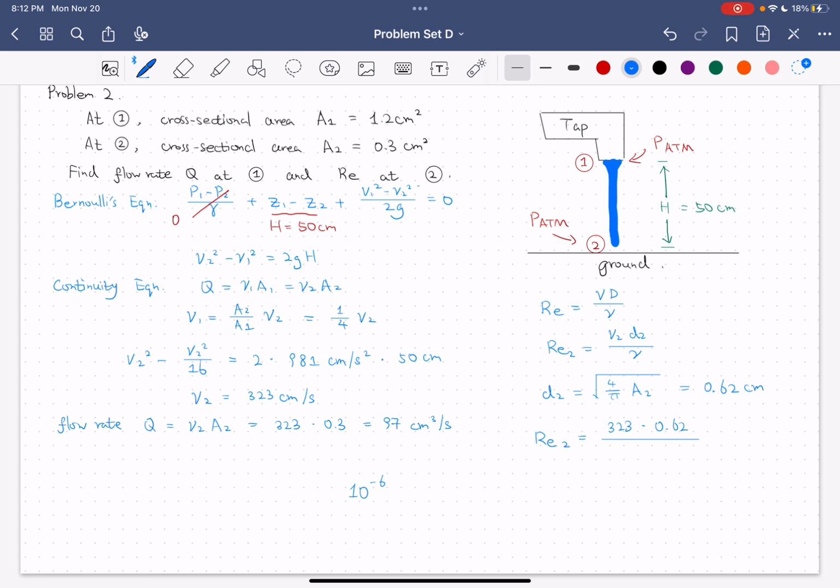So the viscosity symbol, I don't remember what it's called in Greek letter, is proportional to meters squared, and now we want to convert it to centimeters squared, so that will be 10 to the negative 6 times 10 squared squared, so that will give us 10 to the negative 2 power.